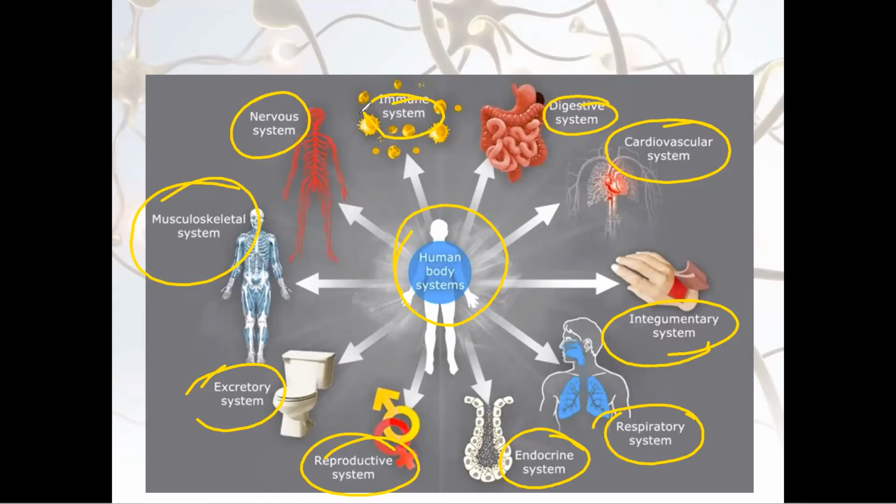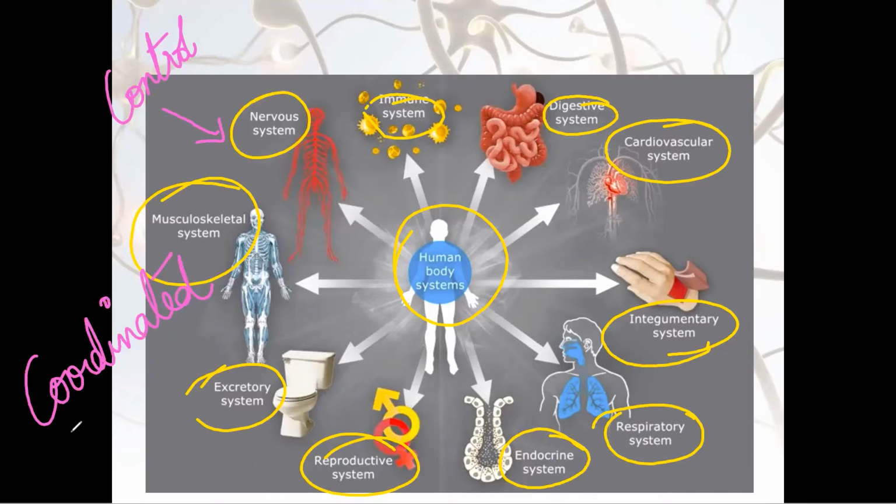How do these systems coordinate with each other? Who controls them? They are controlled by the nervous system. All these systems are controlled by the nervous system, but they are coordinated by another system, and that system is known as the endocrine system.